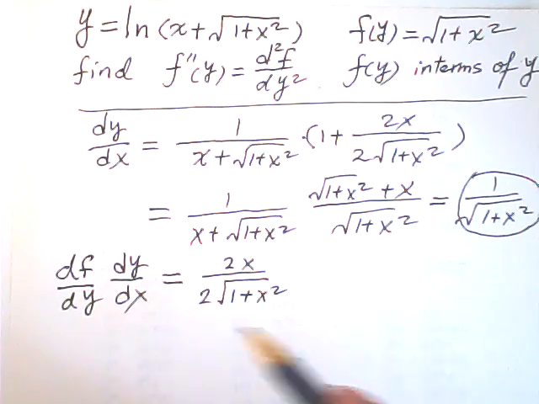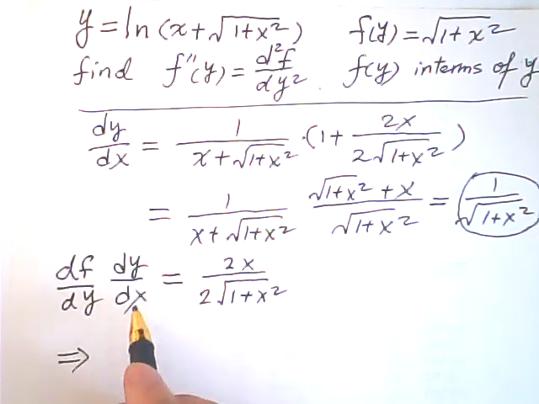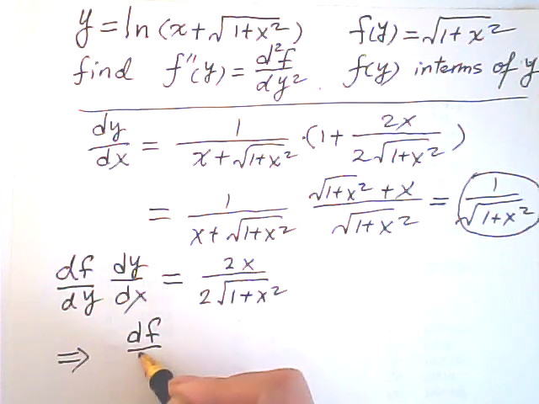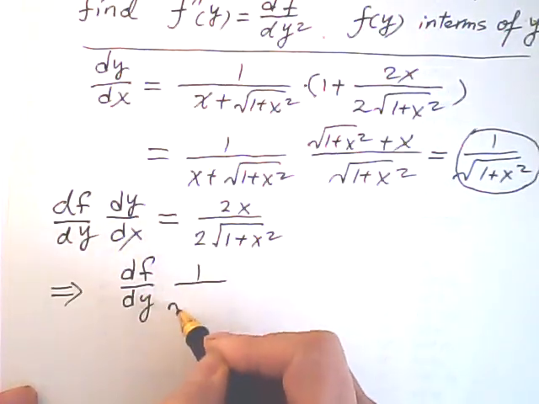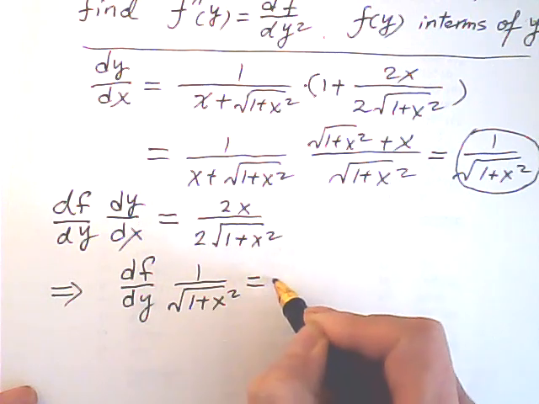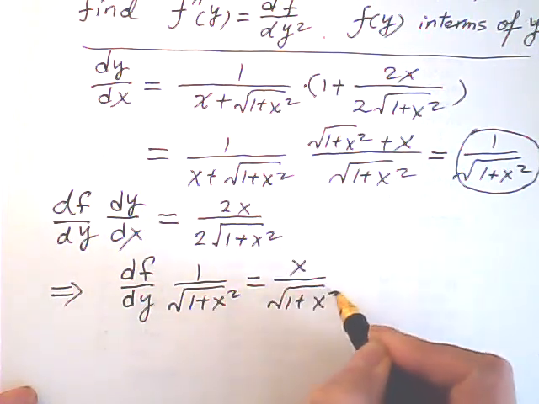And since dy/dx is this, df/dy times 1 over the square root of 1 plus x squared is equal to x over the square root of 1 plus x squared.